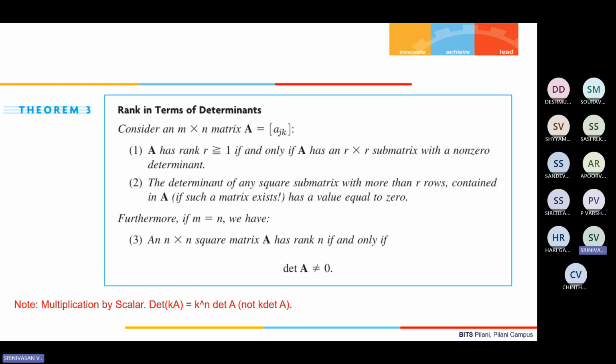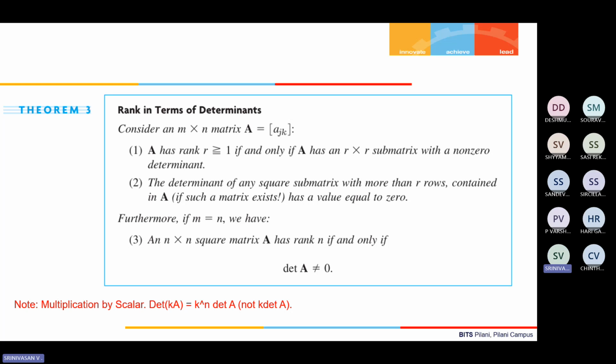How many possibilities are there? You have the first row, second row, third row, and the first column, second column, third column. So you can have a submatrix of order 2 by 2 by taking only this square submatrix.